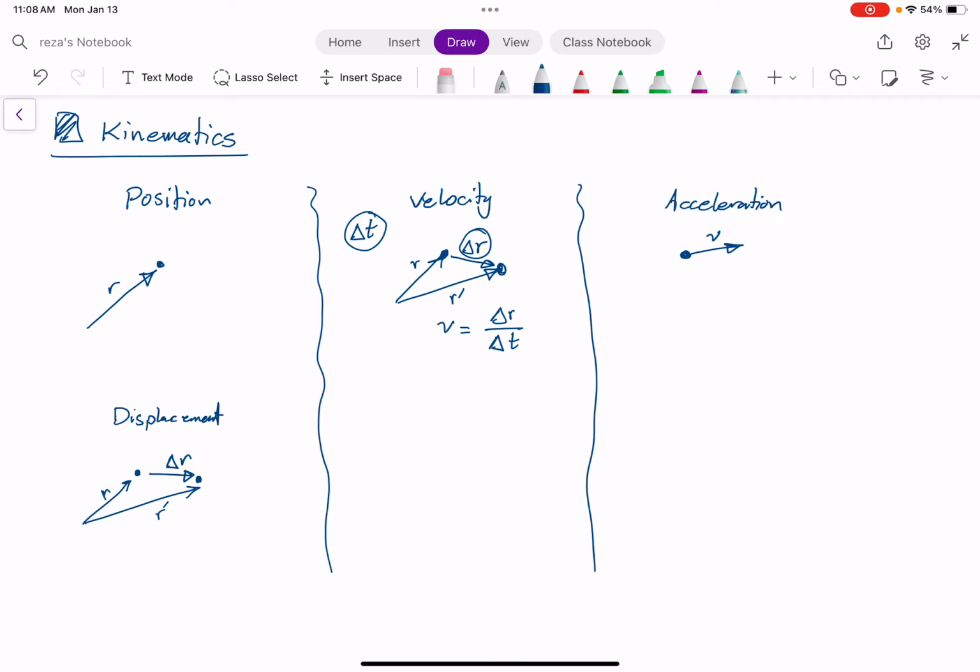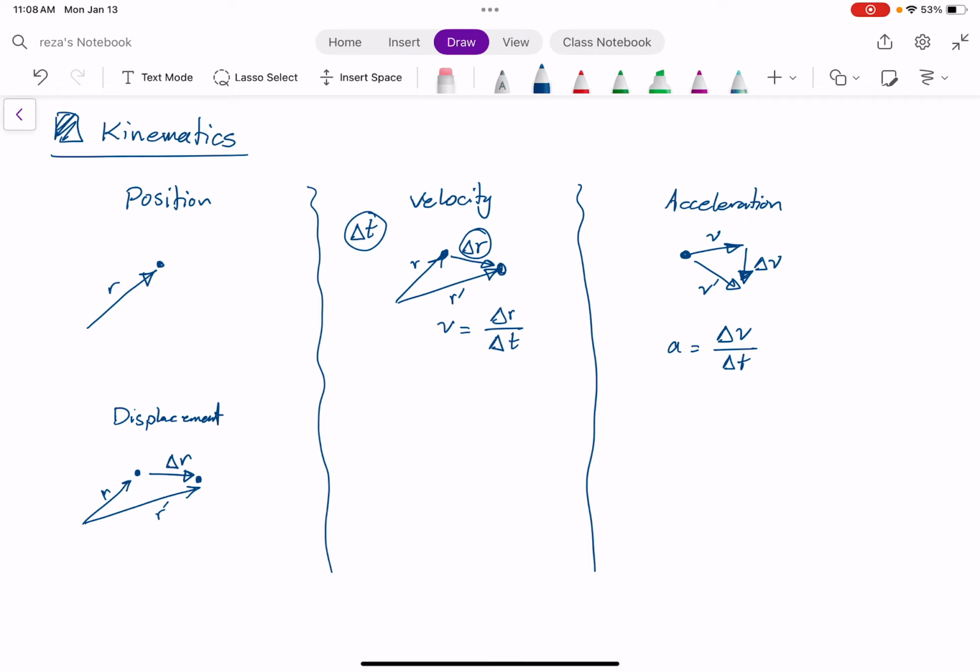And after some time, you will have some other velocity, v prime. The amount of change in velocity, delta v, divided by time is your acceleration. So how fast you are changing your speed. If you go from 0 to 60 in 1 second, that's a lot more acceleration than going it in 10 seconds.